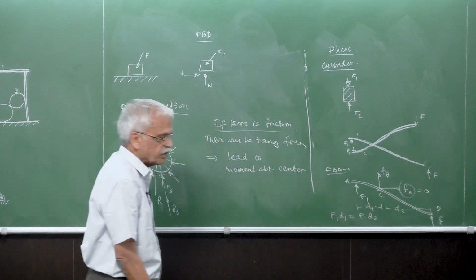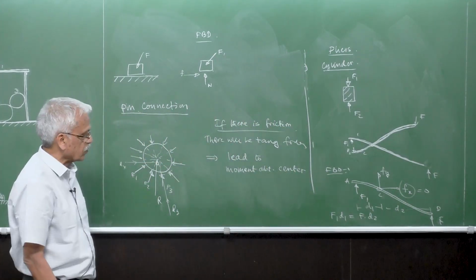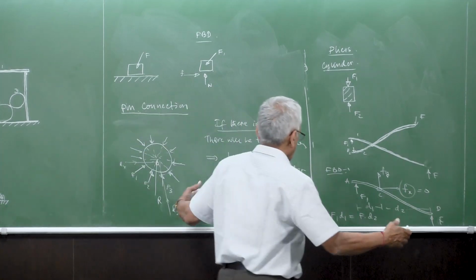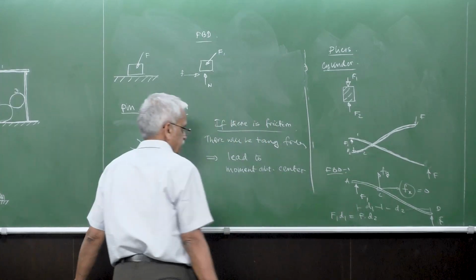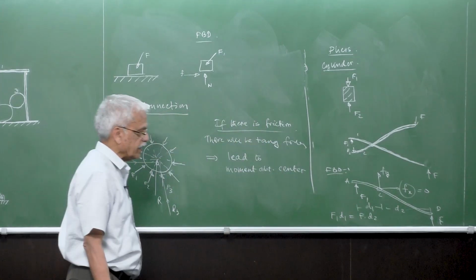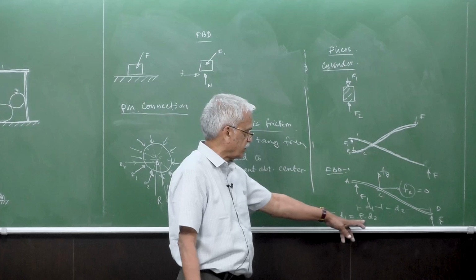This is a very simple problem, you would have done it. I'm just showing it from our approach to show that it can be calculated very easily. So F1 d1 equals F d2.